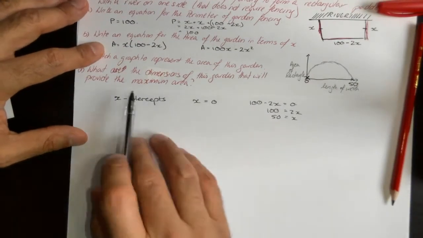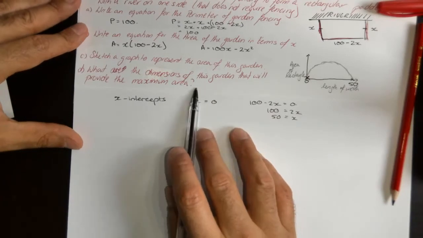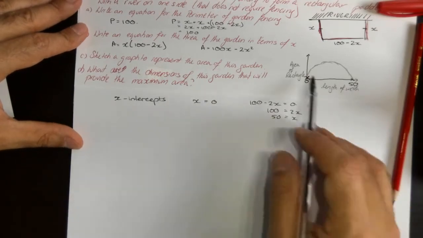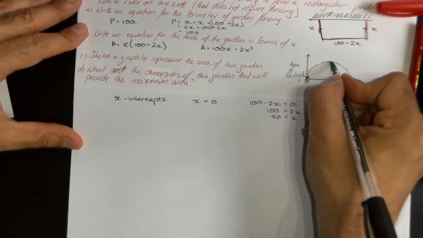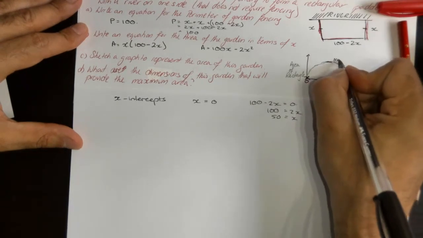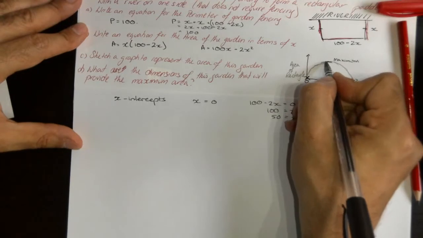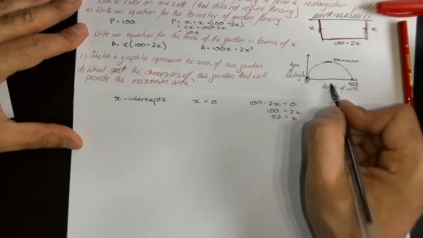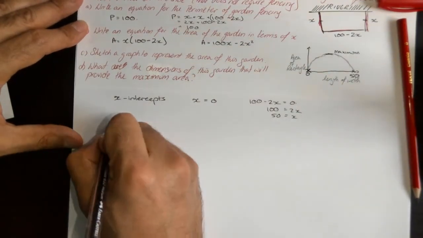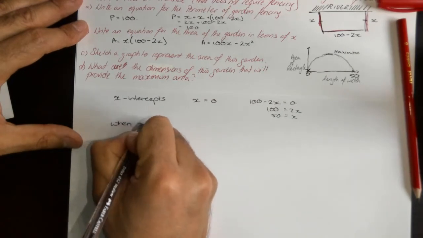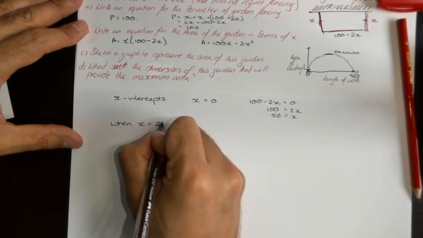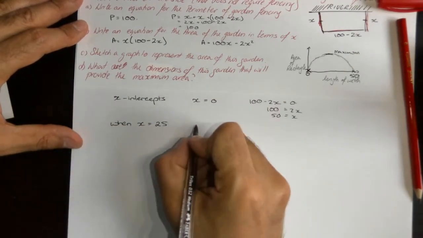So we want to find what are the dimensions that this garden will provide the maximum area. So if this is the area, we want to find the maximum turning point, which is going to be halfway. So when x is 25, or when the width is 25, let's plug it in.